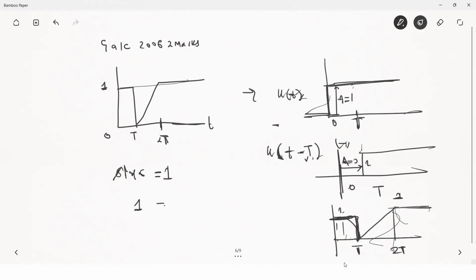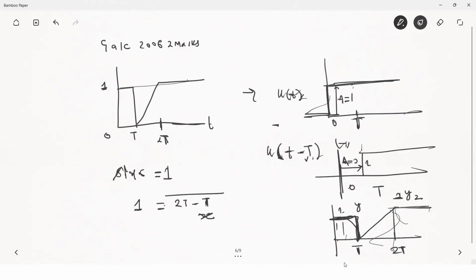Now your x-axis has two points, the final point is 2t, the initial point is t, right? So this is your x point, corresponding to x. And for dy, at 2t, at the final point the value is 1, right? So this is your y2 and this is your y1.